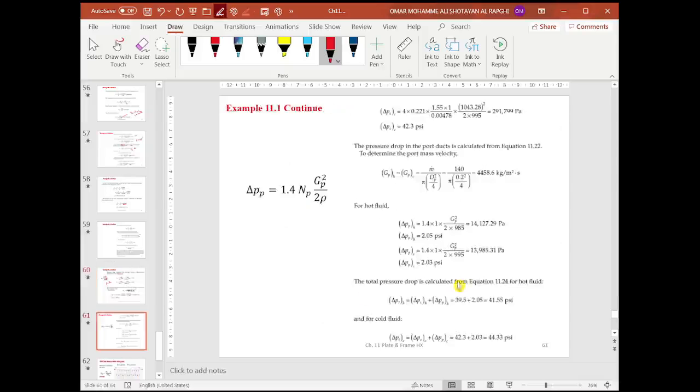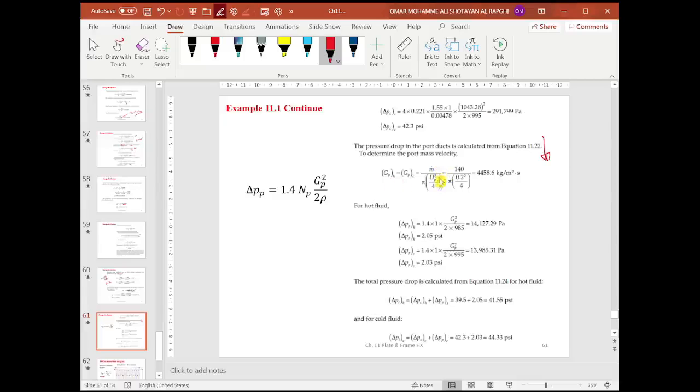You do the same thing for the cold fluid, utilizing the same idea, and you can find that delta P for the cold fluid is 42.3 for the channel. Now from here down, the pressure drop in the port is calculated. So you have to find GP, which is the mass flux in the port.